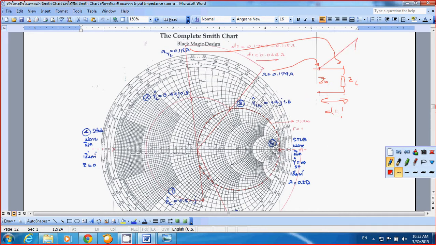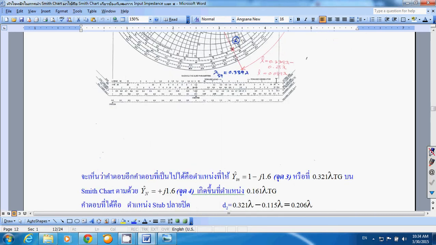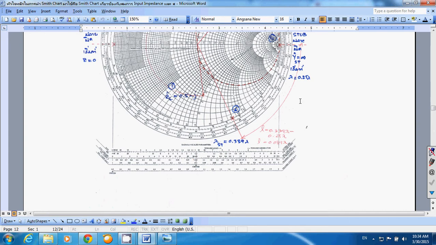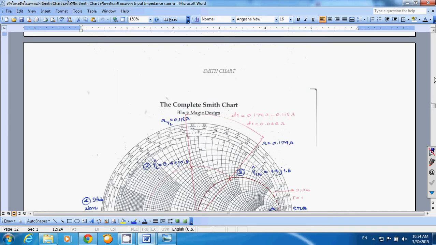And you have the stub with the length L2 as we calculate from down here, becomes 0.089 lambda. Okay.